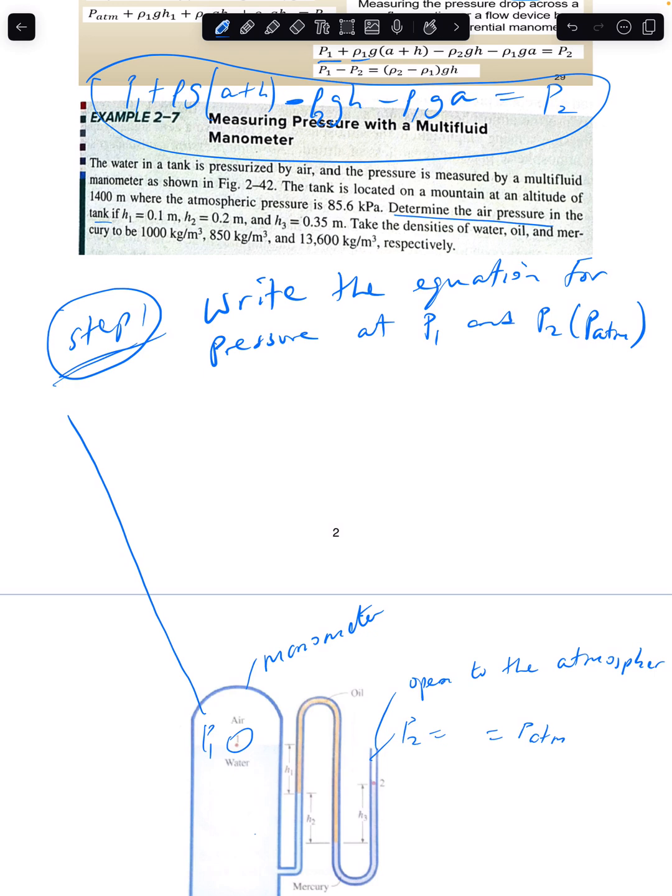In this case, we have to write the pressure between point 1 and point 2. So remember the concept we're using. Pressure at point 1 is equal to density for water. It's coming downward, so we have positive G, G times H1.